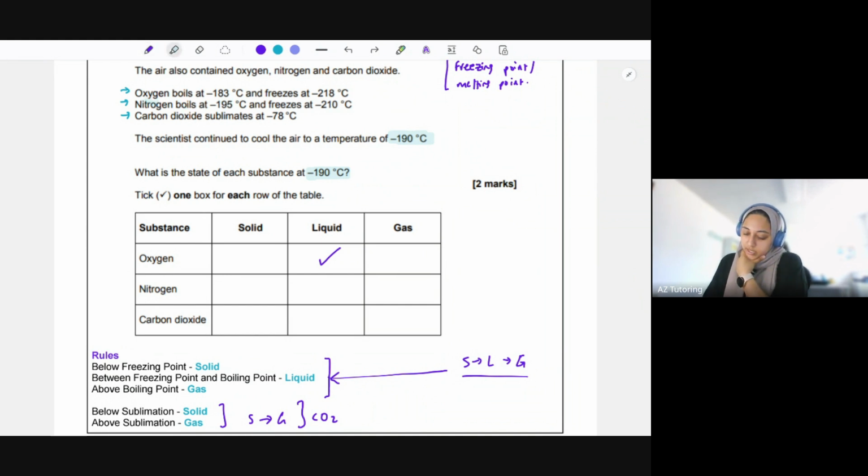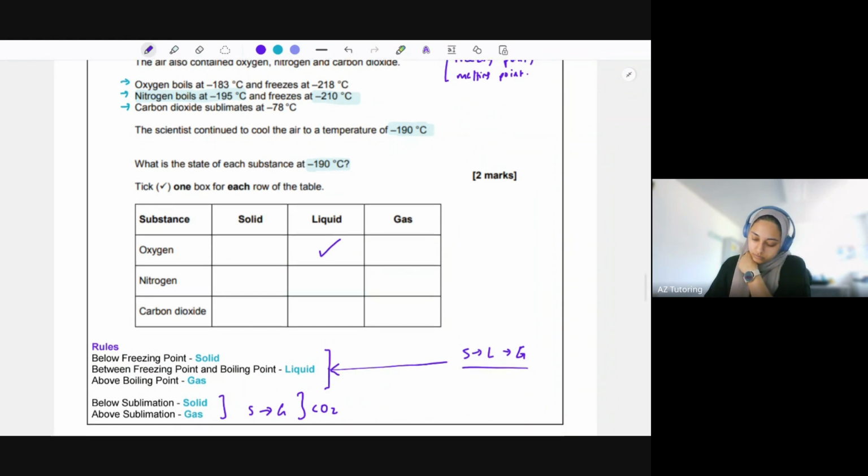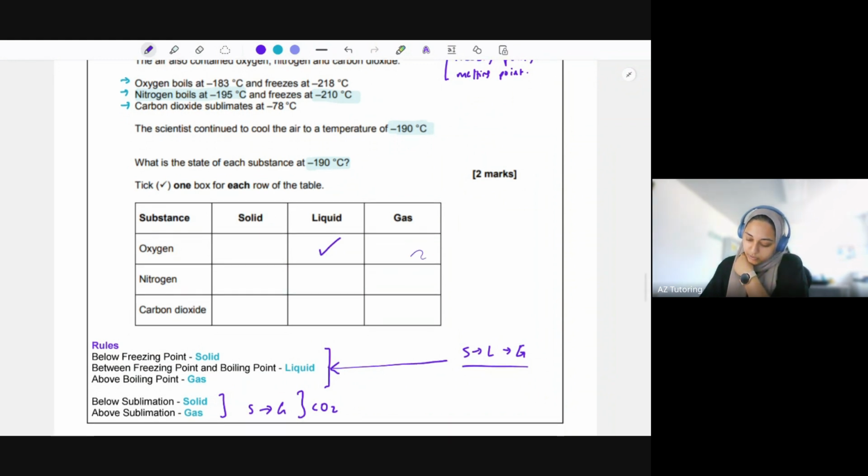Nitrogen boils at minus 195 degrees Celsius, and because we're at minus 190, that's higher than minus 195. But it freezes at minus 210. So because it's above the boiling point, it's going to be a gas. Minus 190 degrees Celsius is more than minus 195. So therefore it's a gas.